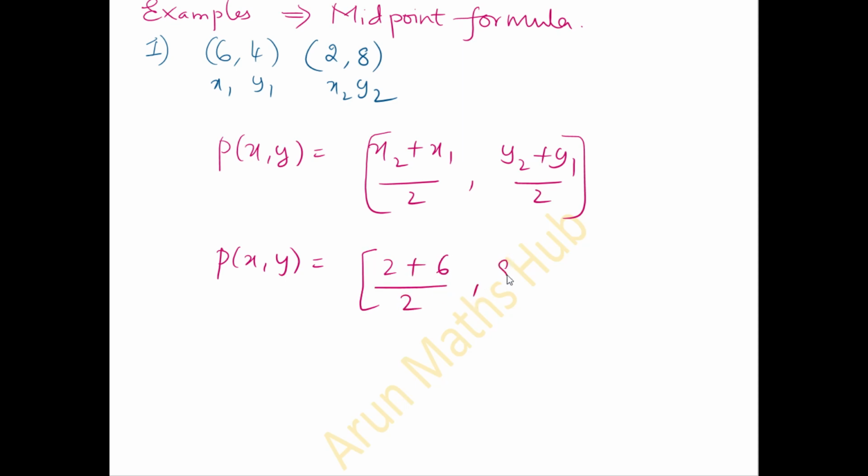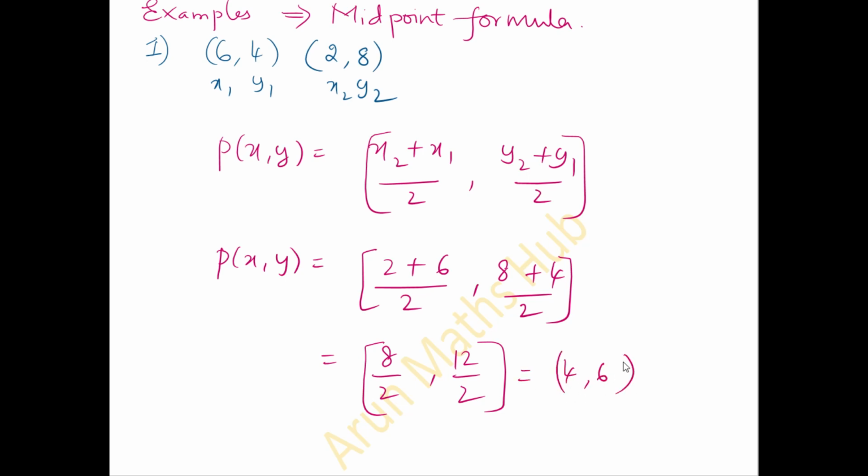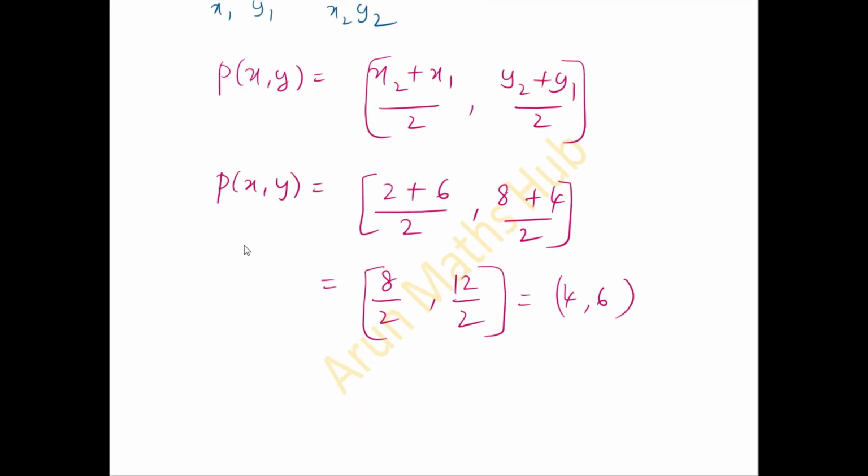What is y2? y2 is 8 plus y1 is 4, divided by 2. 2 plus 6 is 8 by 2 comma 8 plus 4 is 12 by 2. Now 8 by 2 is 4, 12 by 2 is 6. Therefore the midpoint is 4 comma 6.